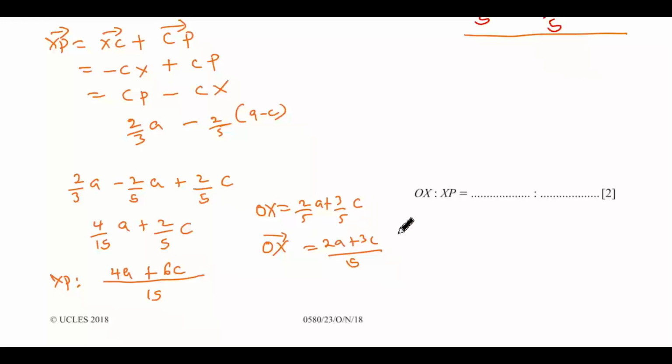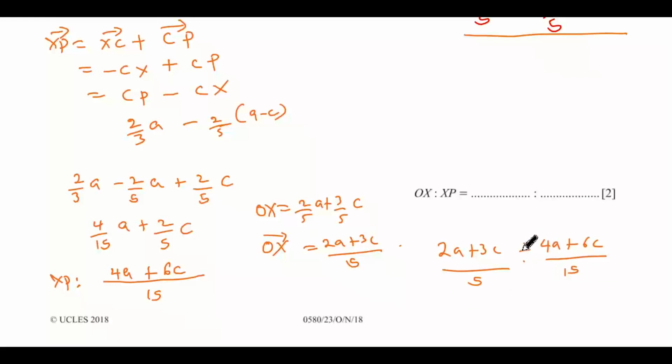Then this OX is divided by XP, which is 4A plus 6C over 15.